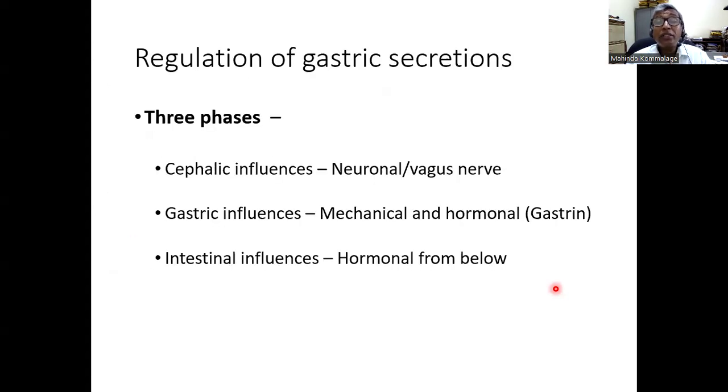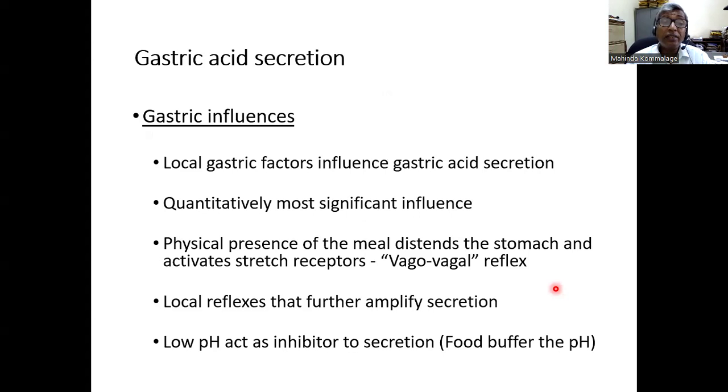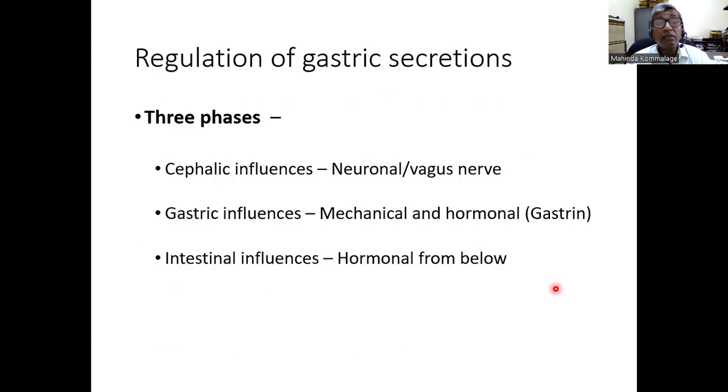So regulation of gastric secretion is one of the main physiologically relevant areas. We can say there are three types of regulation: cephalic influence, gastric influence, and intestinal influence.